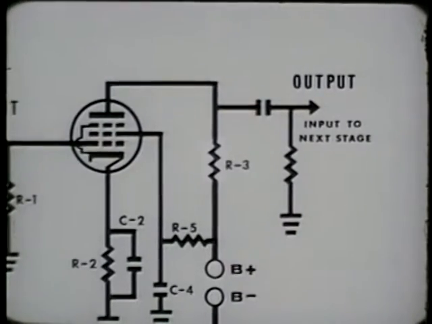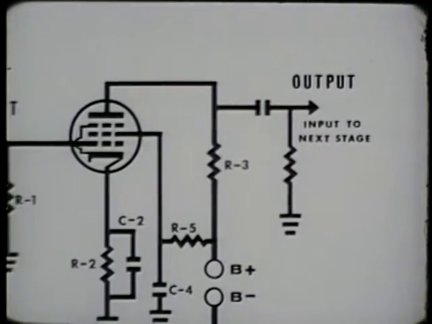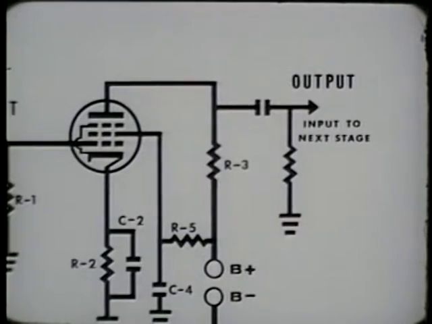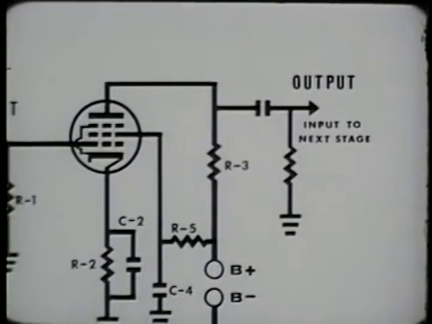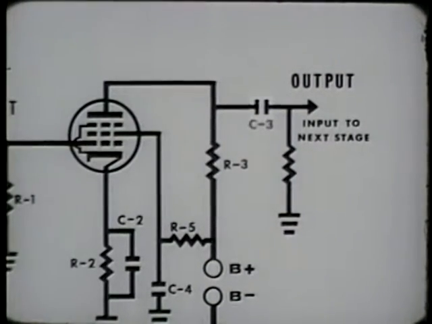R3 is the plate load resistor for the tube. Its value depends on the function of this amplifier and the type of tube used. The larger the value of the load, the lower the voltage on the plate. C3 is the output coupling capacitor for the tube and the input to the following stage.